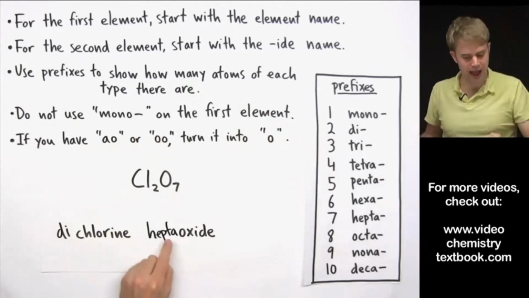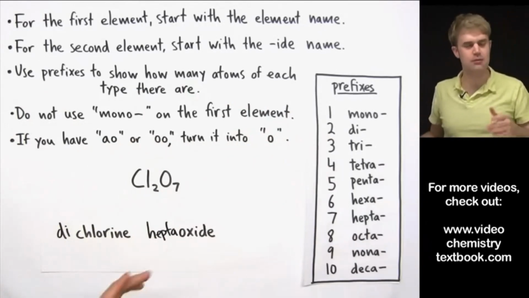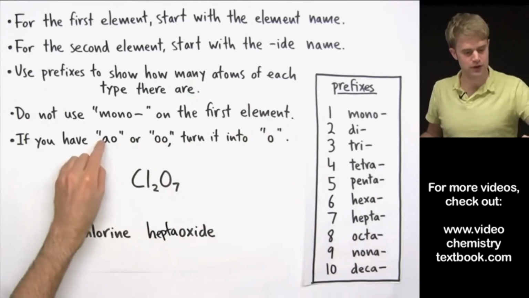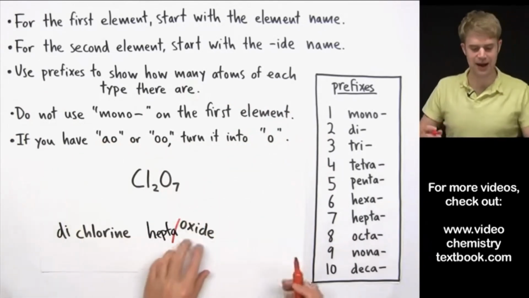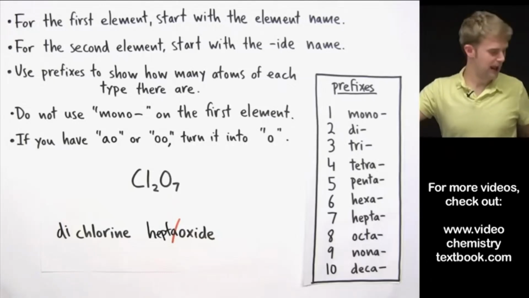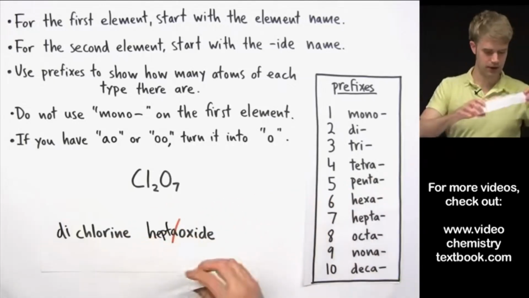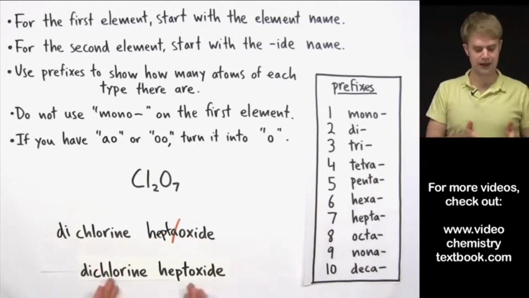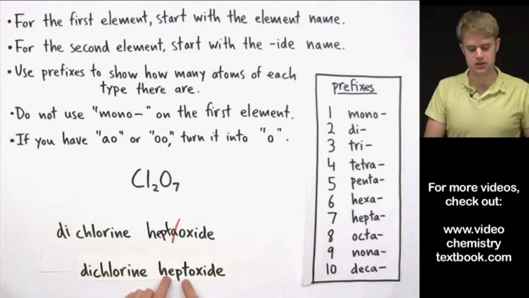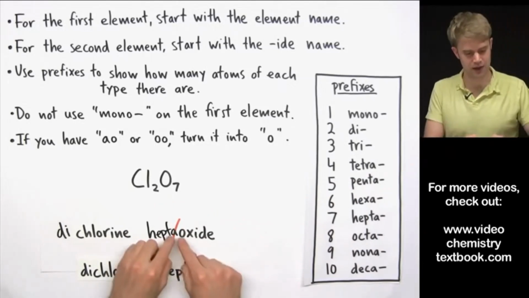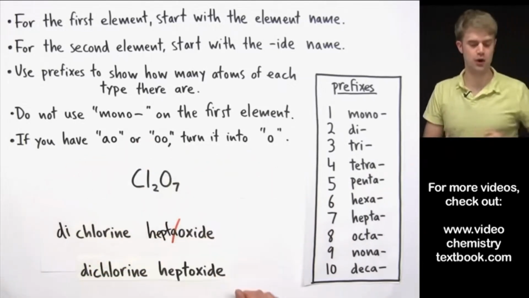We got this heptaoxide here. So to make this easier to pronounce, we turn the AO that we see right there into just an O. So I'm going to get rid of that A, and I'm going to turn this compound name into dichlorine heptoxide. So not heptaoxide, but just heptoxide. So you get rid of that A if it's next to an O there.